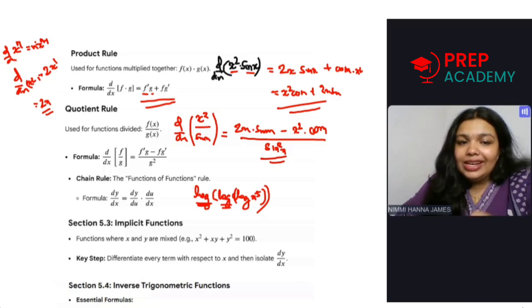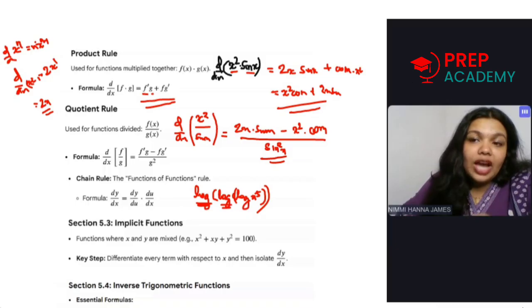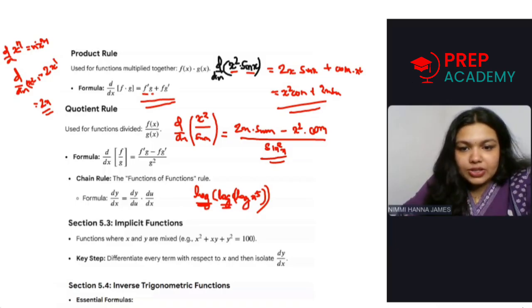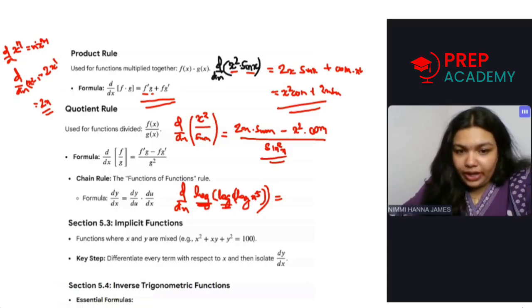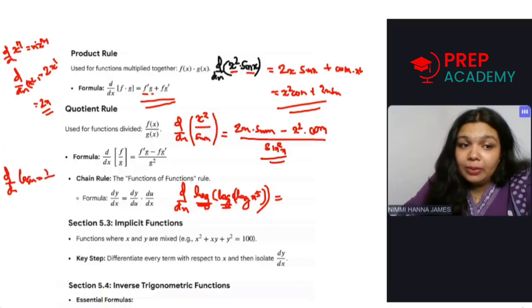So what we do is we differentiate the function which is on the outside first. So d by dx of log of log x raised to 5. We first take the outer log function. What is the differential of log? The differential of log x is 1 by x.